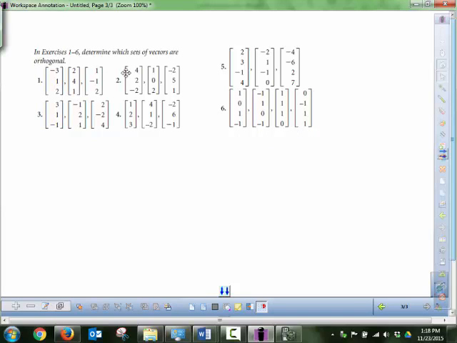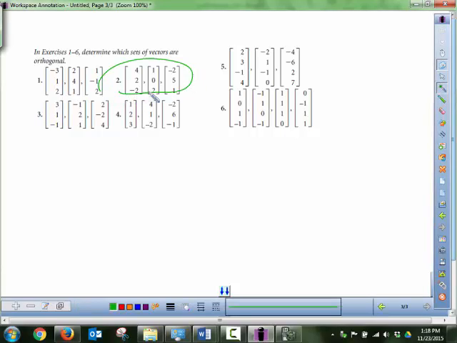So let's just do the one with 3 vectors. 1 through 5, pick a number. 2. Somebody said 2 first. Let's do 2. So let's find out whether these are orthogonal. And so we really just have to check a bunch of dot products. So we know that there's 3 vectors, so there's going to be 3 checks. So we're going to have to do 3 dot products.